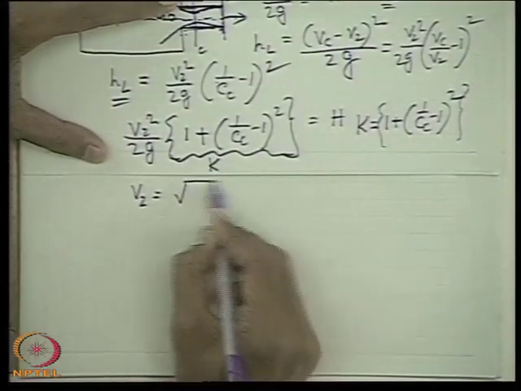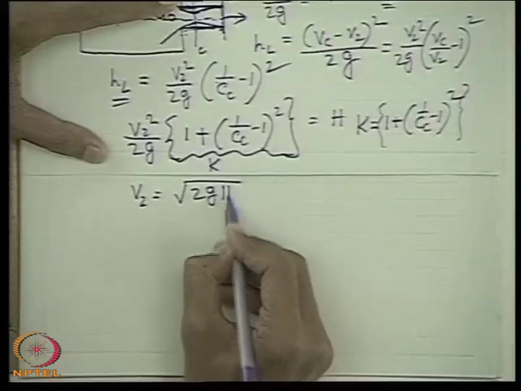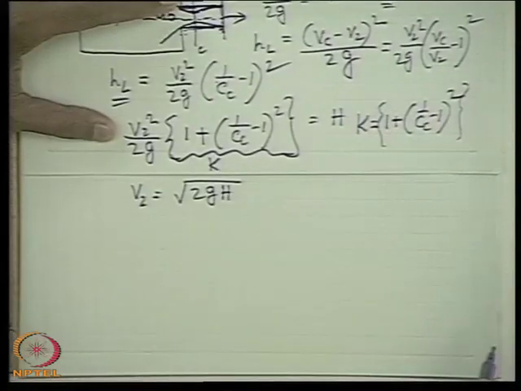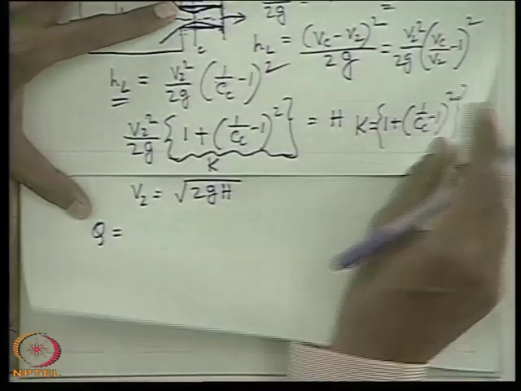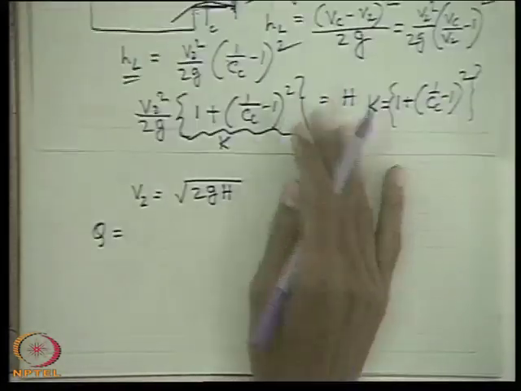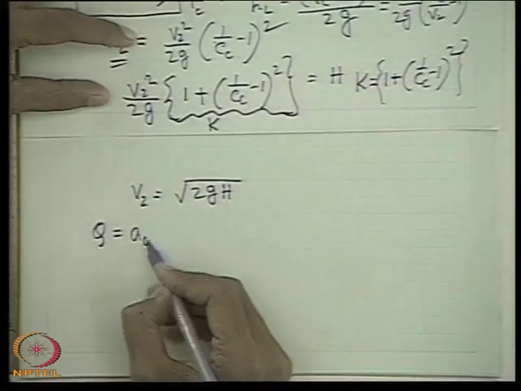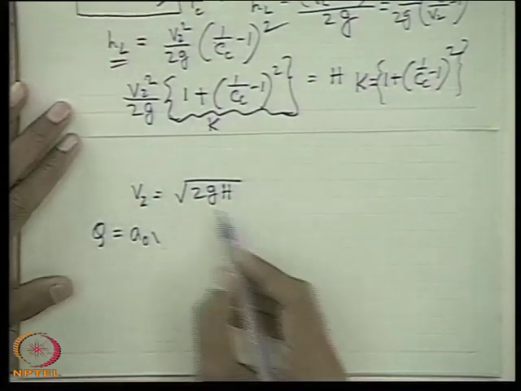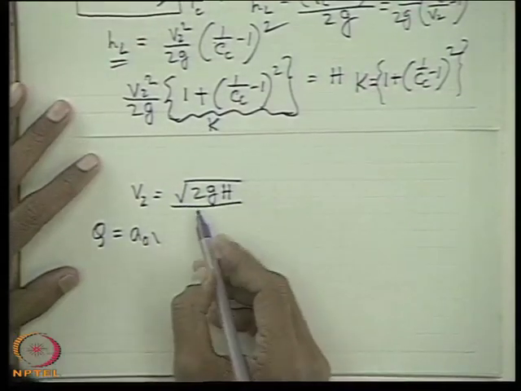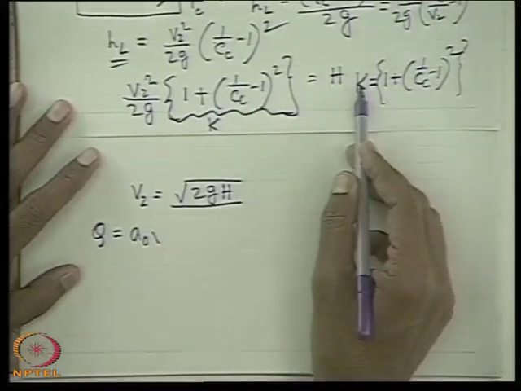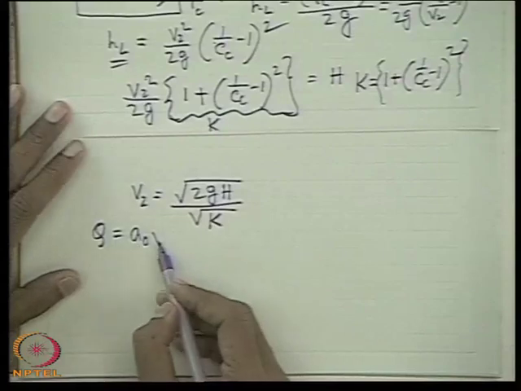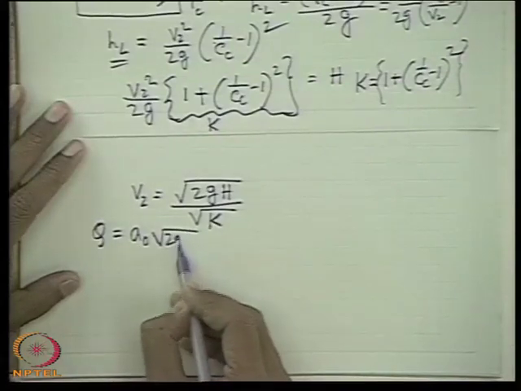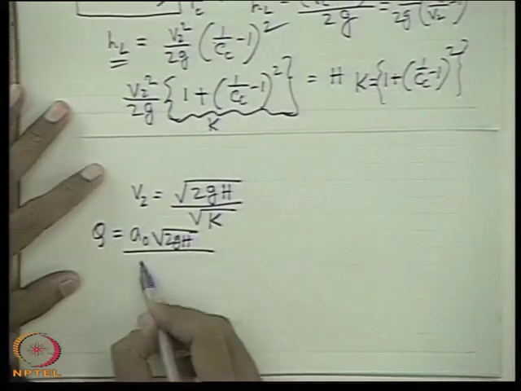That V2 is root over 2GH by root K. Then what is the discharge Q? Area is A0. Here area is full A0. There is no contraction. A0 into, oh God, divided by under root K. I am sorry. So Q is A0 into root over 2GH by under root K.